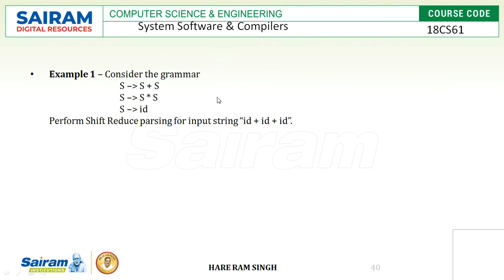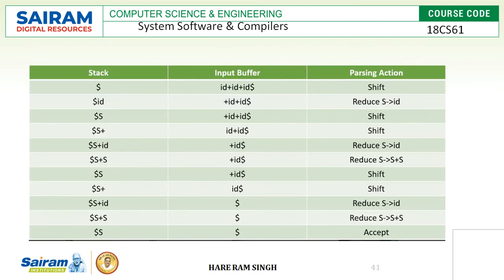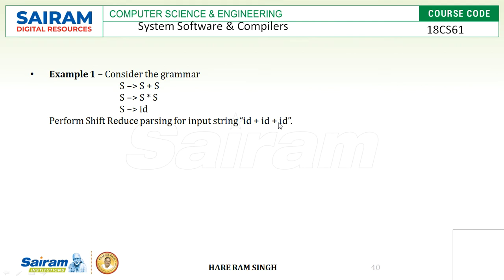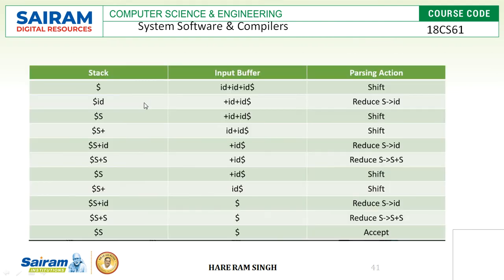We'll see whether it is accepted or not. As we said, there are two data structures we need: one is the stack, another is the input buffer. In the input buffer, the input string will be there, that is ID plus ID into ID, which is given here, and this is the grammar.